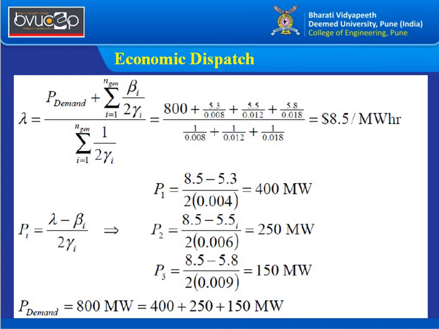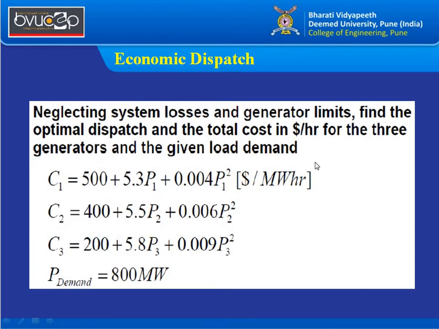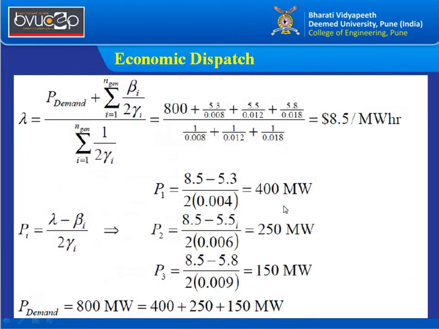So this is the power output to satisfy the 800 megawatt demand. You can see that in the question itself, it was not mentioned what the limits on the generator are, or whether any other limiting factor or constraint exists. So with the output we have got, generator 1 is supplying 400 megawatt to satisfy the 800 megawatt demand, the second generating unit is supplying 250 megawatt, and the third generating unit is supplying 150 megawatt.